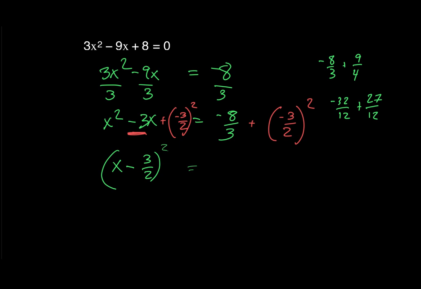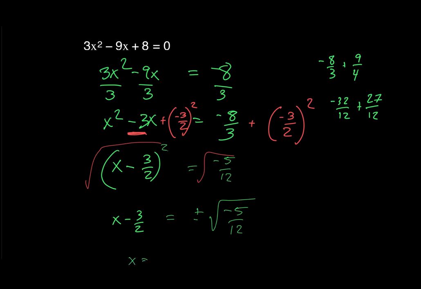That will be negative 5 twelfths, if I'm doing that in my head correctly. Square root. X minus 3/2 equals plus or minus square root of negative 5 twelfths. Add 3/2 to both sides. 3/2 plus or minus the square root of negative 5 over 12.